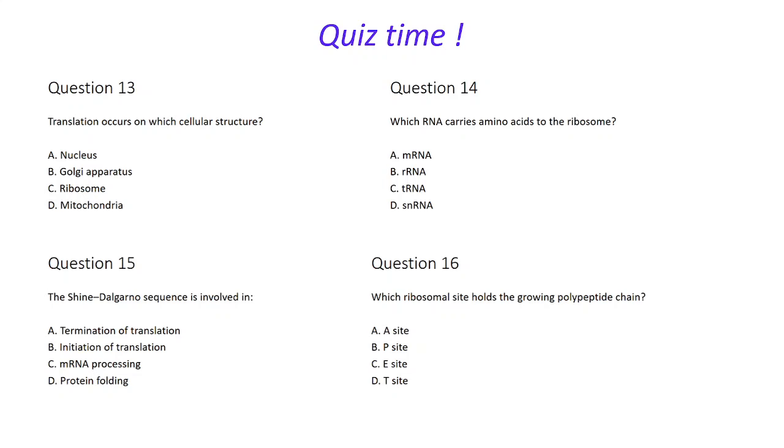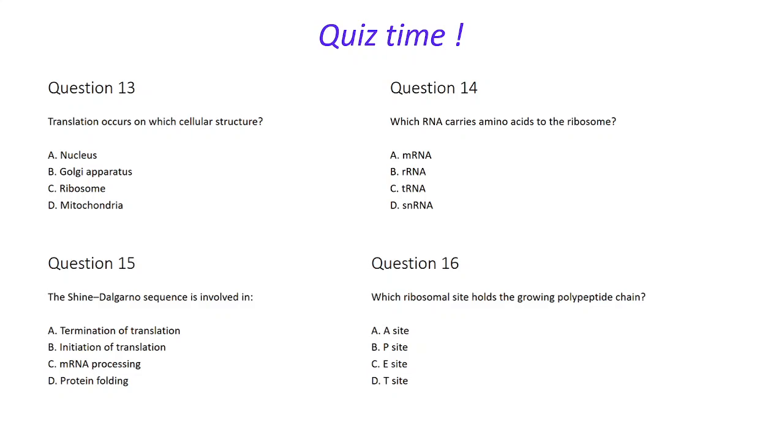The Shine-Dalgarno sequence is the ribosomal binding site in the prokaryotic mRNA. It recruits the ribosome to the mRNA to initiate protein synthesis. So the initiation of translation starts from the Shine-Dalgarno sequence. So that's option B.